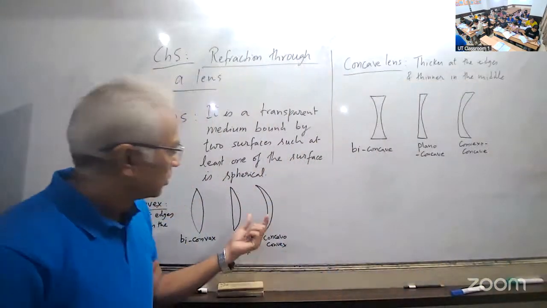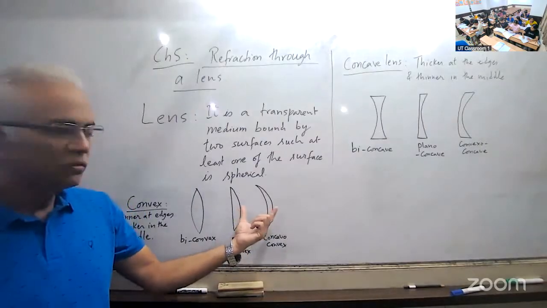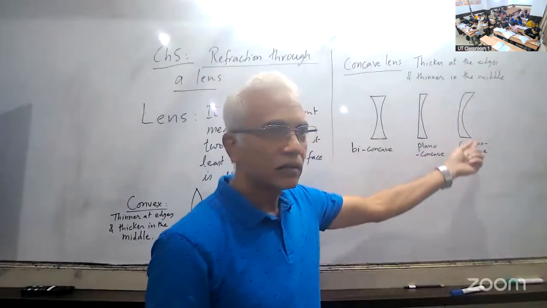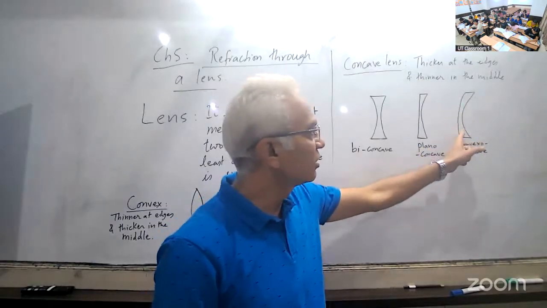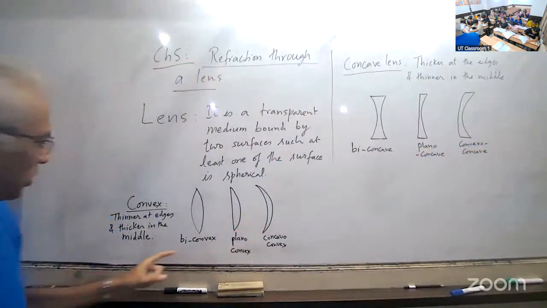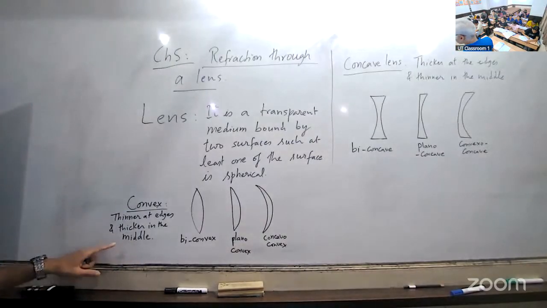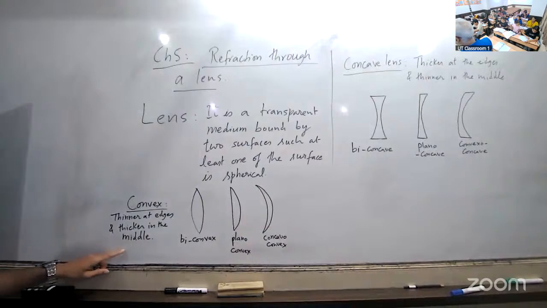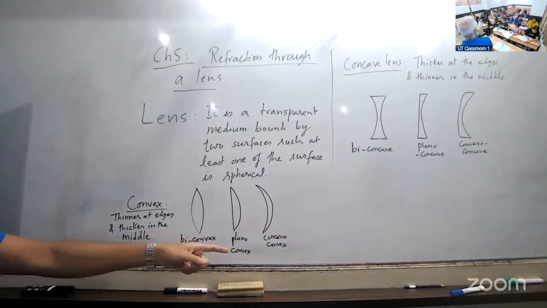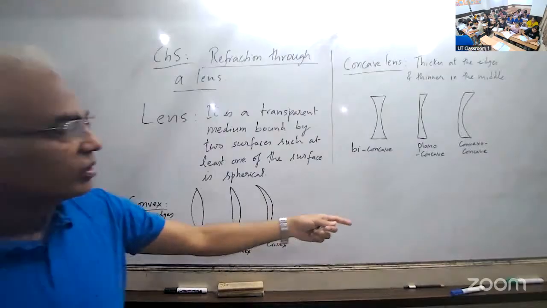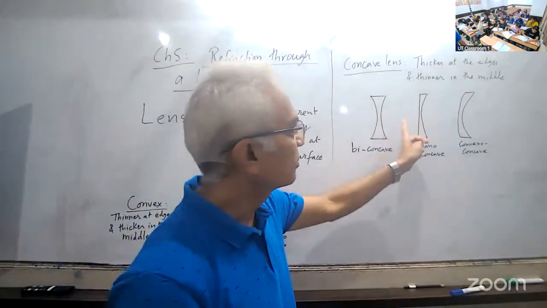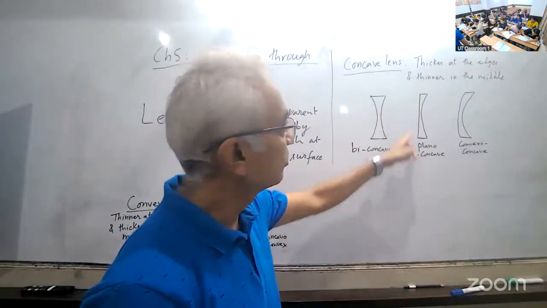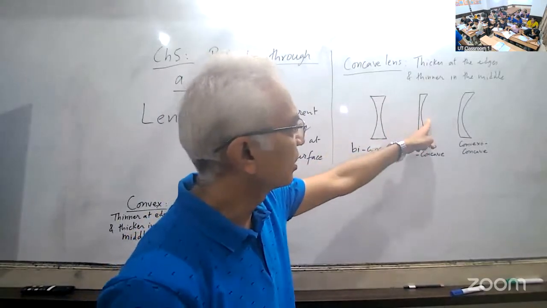Okay. So what are the defining characteristics? There might be some confusion in this diagram, but if you follow this description, convex has to be thinner at the edges and thicker in the middle. It gets its name from the kind of surfaces bounding the medium. This is plano-concave because it has one plane surface and one concave.